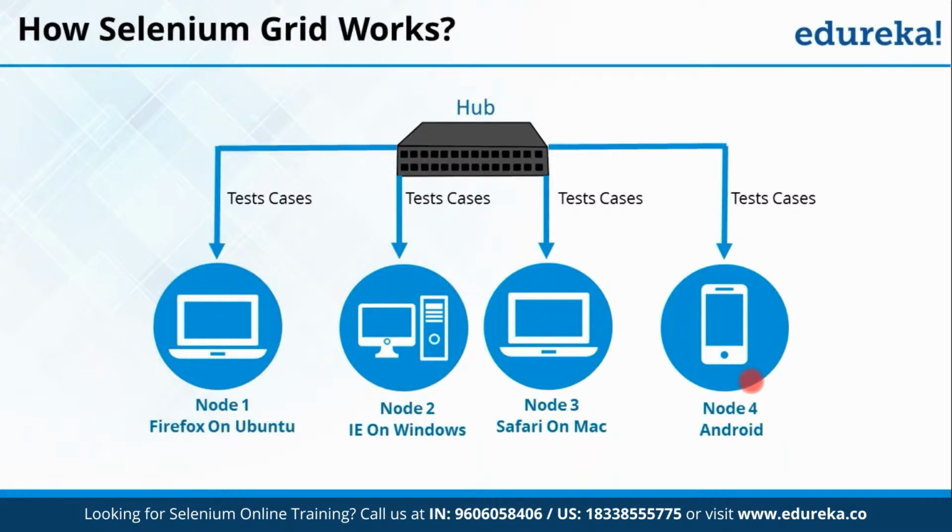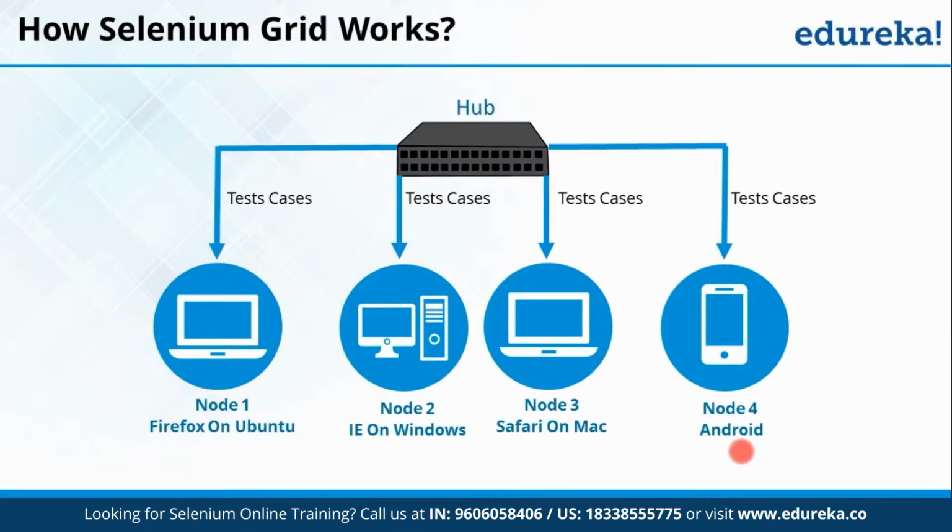Now, as I said, you can run test cases on different environments. You can see that node 1 has Ubuntu as its operating system and is using Firefox. Node 2 is Internet Explorer working on Windows. Node 3 is Safari on Mac, and node 4 is Android. Don't get confused, guys. We're not talking about mobile applications. We're talking about web applications running on mobile.